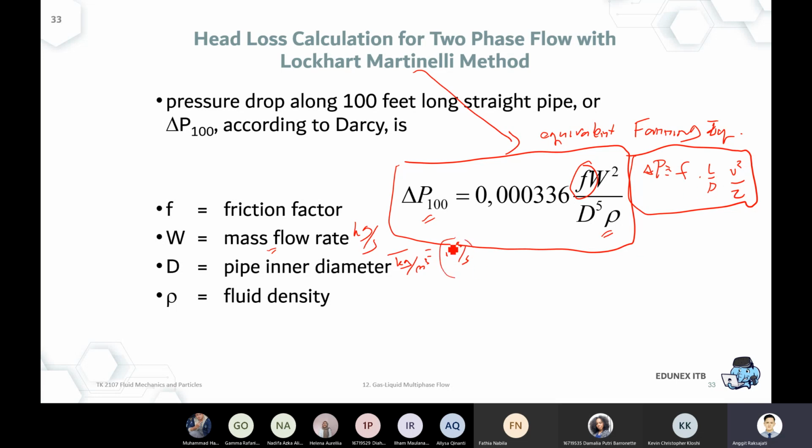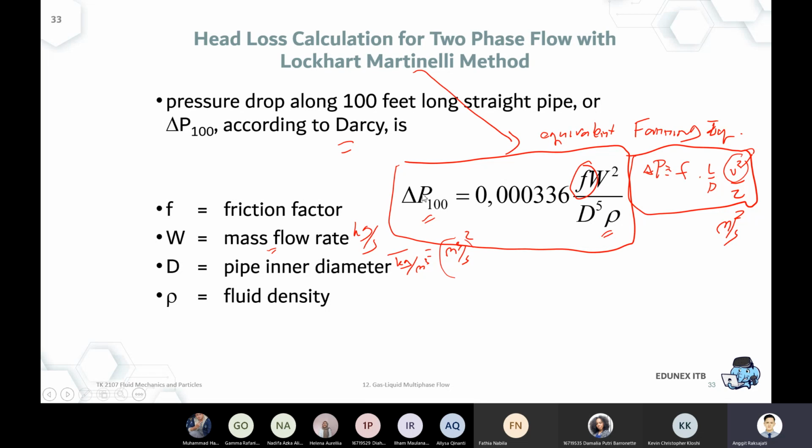And instead of cubic meter per second, we directly use meter per second in the Fanning calculation. And it's squared, so it's more or less the same. I mean, it's equivalent. So it's just an empirical equation used for Lockhart-Martinelli, according to Darcy. It's coming from the same concept.